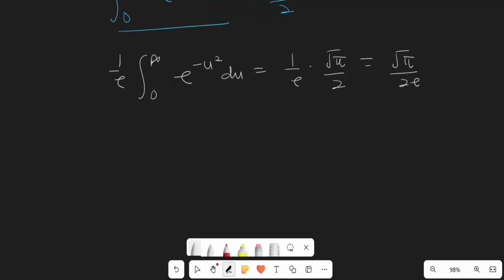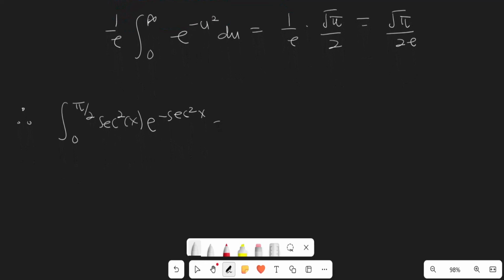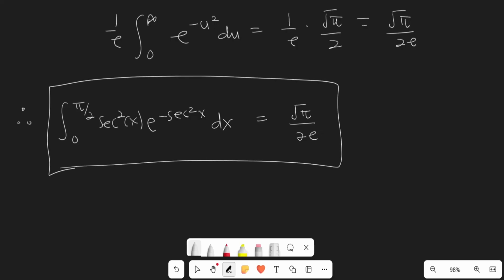Therefore, our integral from 0 to pi over 2 of secant squared x e to the negative secant squared x dx is going to be the square root of pi over 2e. So this is the answer for this definite integral.